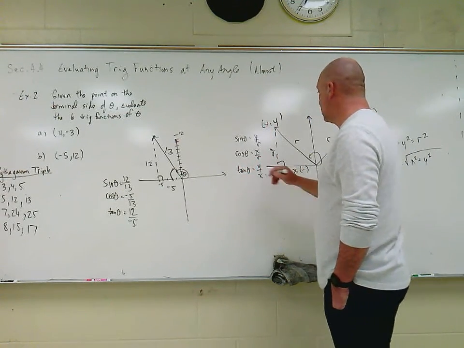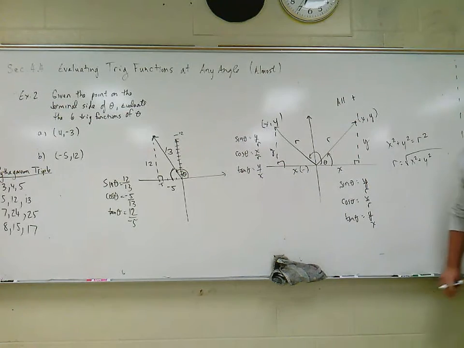Now question, in the second quadrant, only one of those three is positive. Which one? No, only one ratio is positive, not one side. Two sides are positive, but only one ratio is positive. What's the only ratio that's positive? Sine.